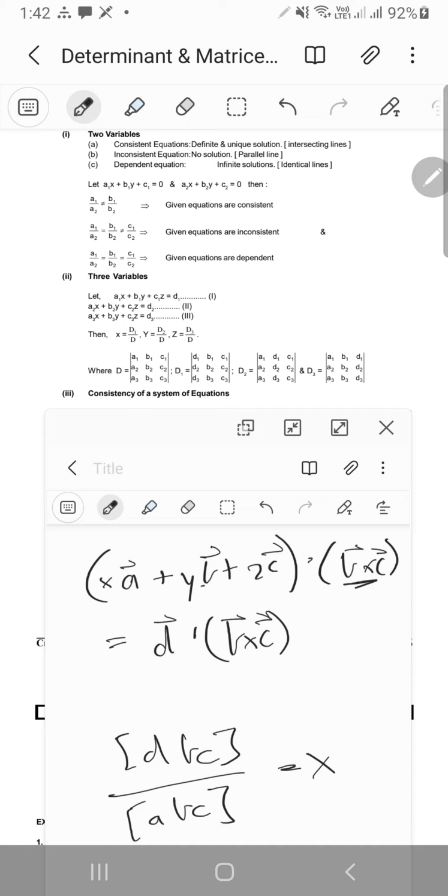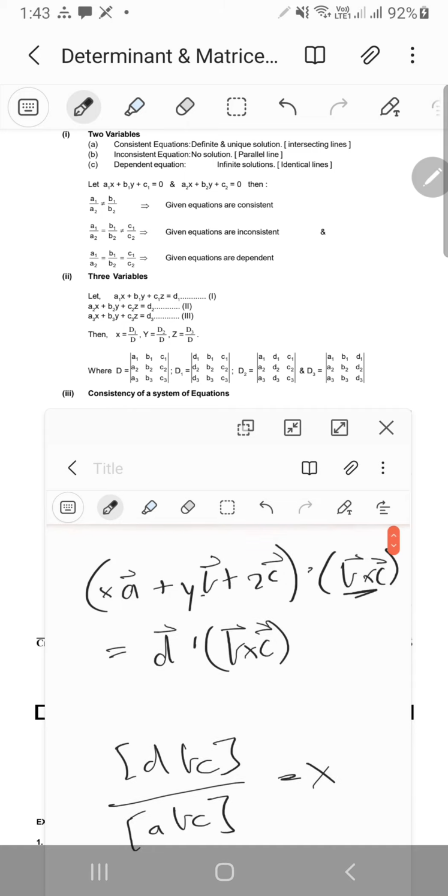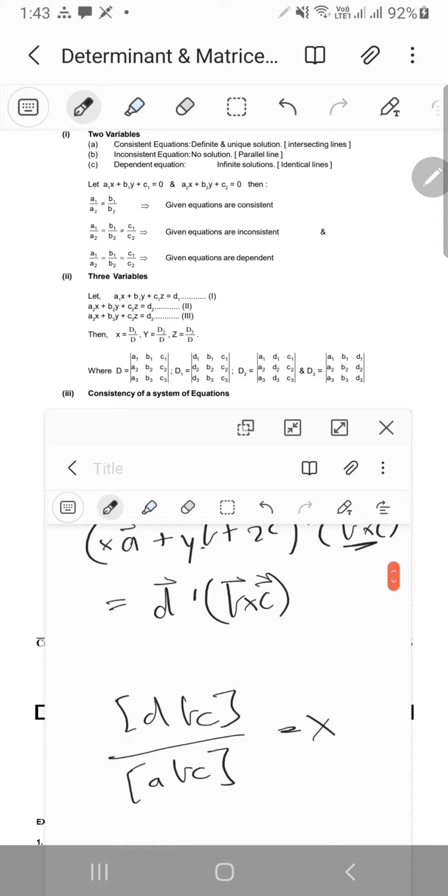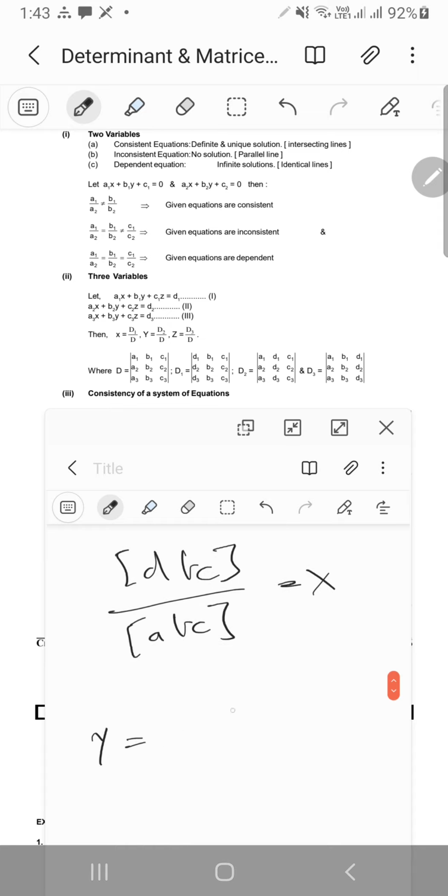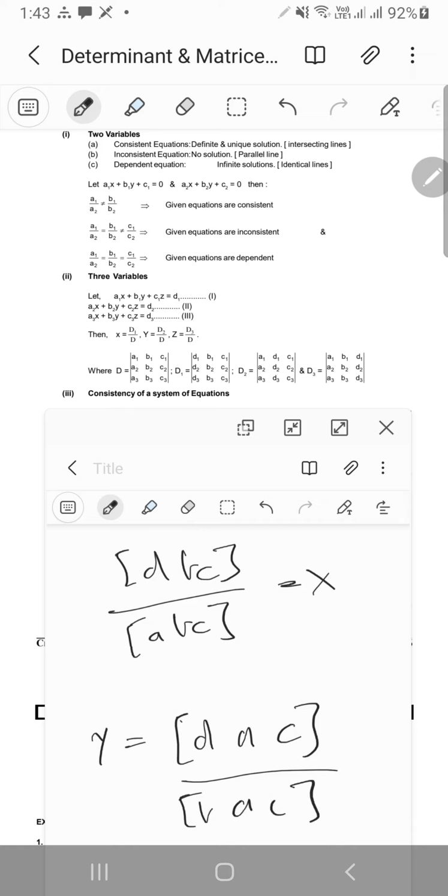And similarly for y you would just take d a c and b a c and so on. Yes, that is nice. So the D2 vector you said would be this thing, a d c.